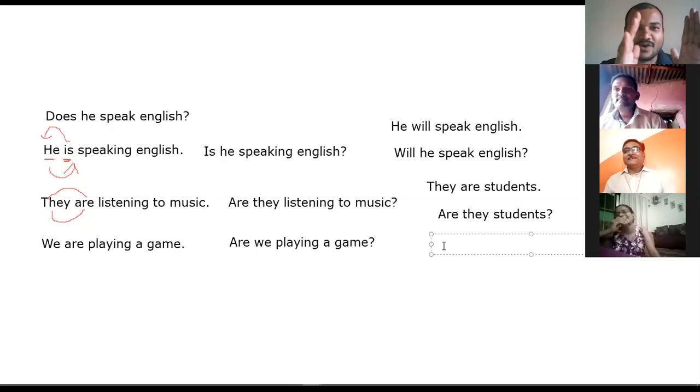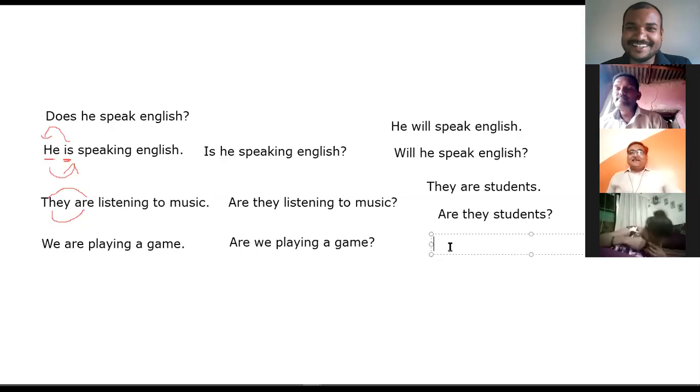Fall, falling, fell. Not complete. Present continuous tense. Right, work in progress. Great. So next.